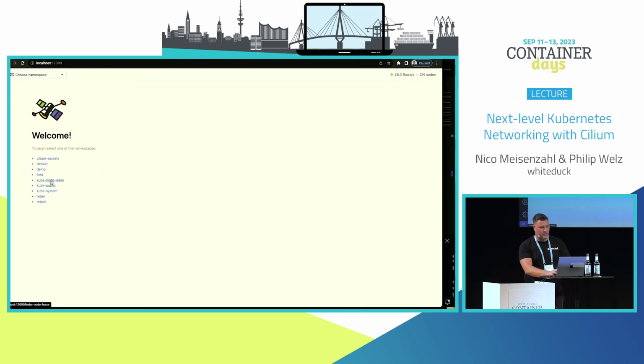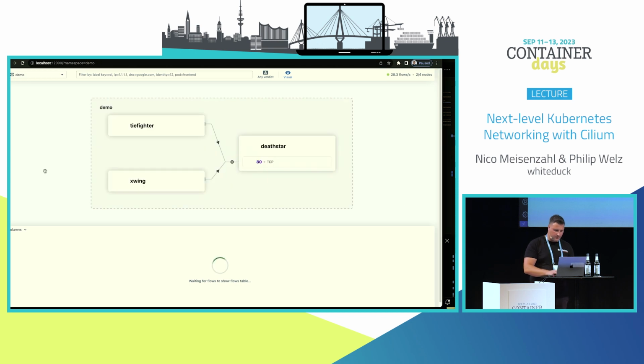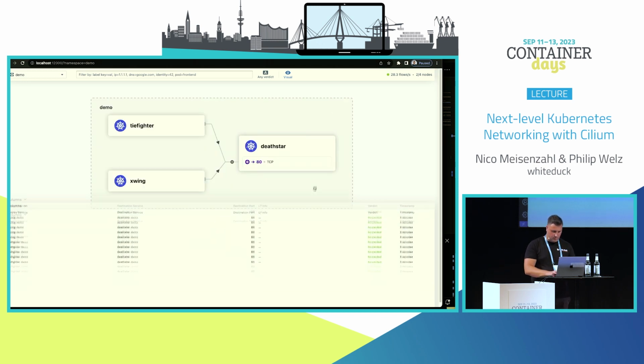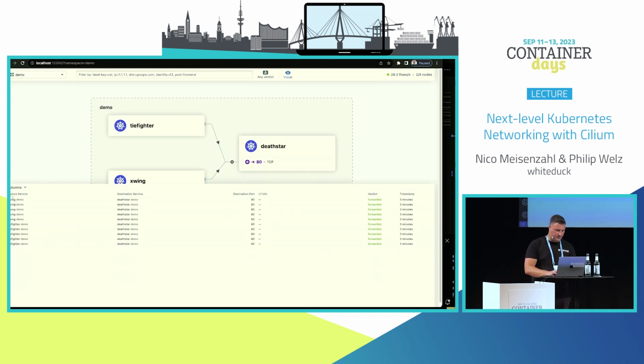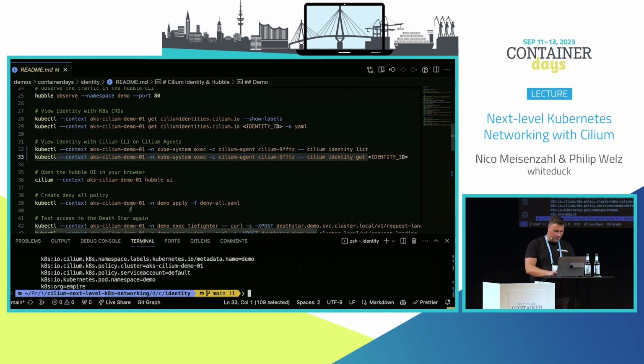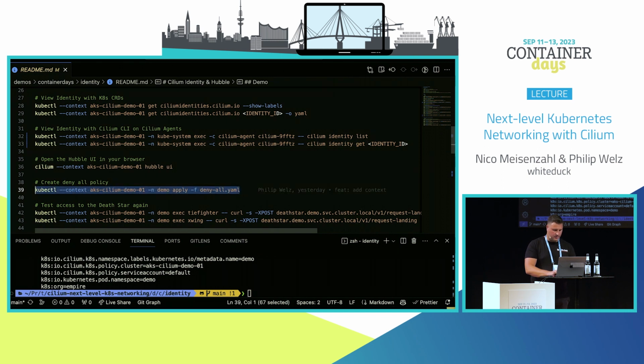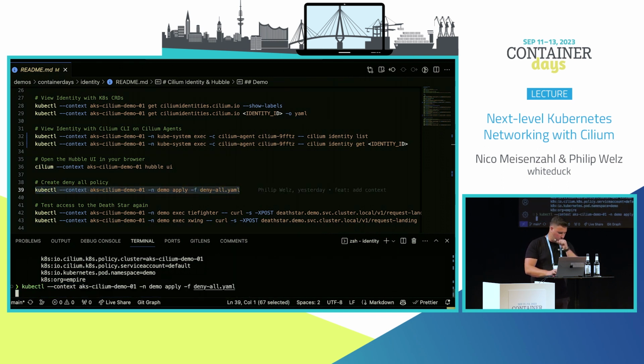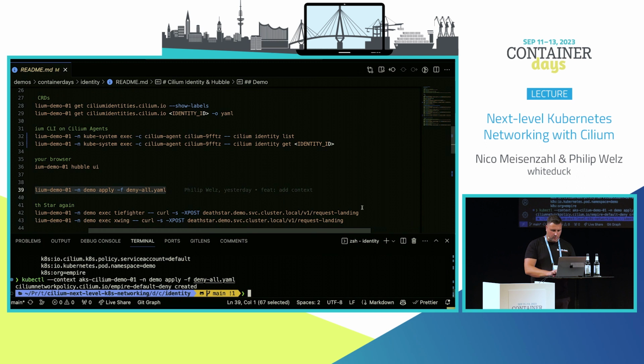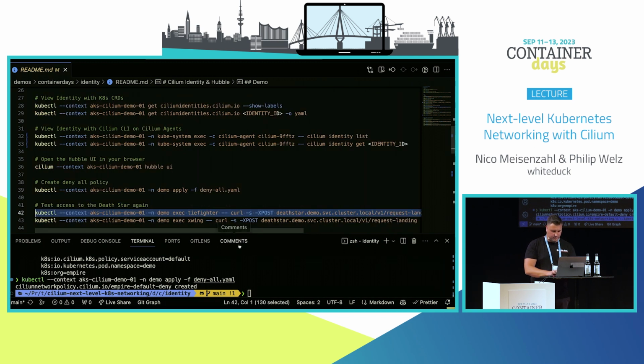Basically, we have the Hubble UI, more handy than the CLI. When we create the demo namespace, we will see the traffic which is going from the X-Wing and from the TIE Fighter, basically the same, but with the UI. And what we do now is we create a deny all policy and do our same calls.